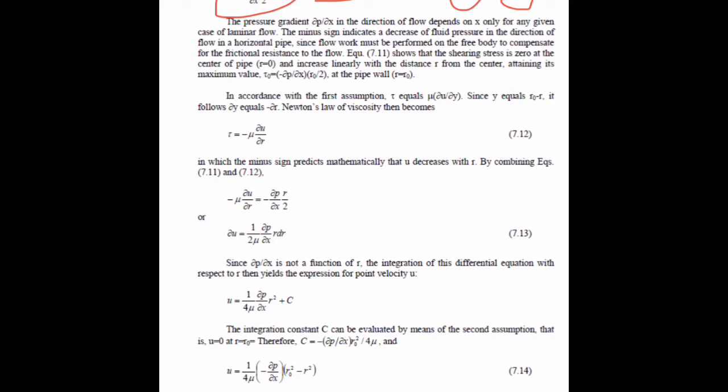Therefore, c equal to minus del p by del x whole into r naught square divided by 4 mu, and ultimately we will get u equal to 1 by 4 mu minus del p by del x whole into r naught square minus r square, which resembles the equation of a parabola. So the velocity distribution diagram across this circular pipe will be parabolic.